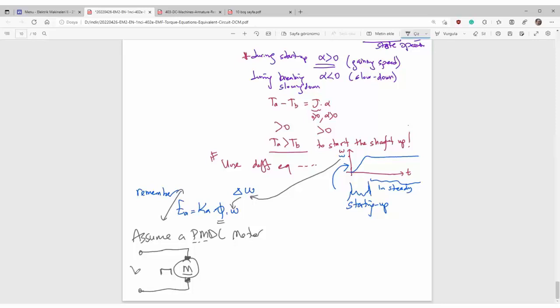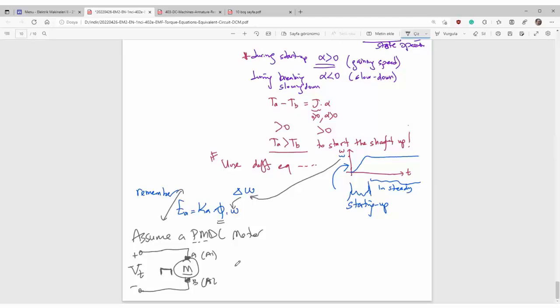And here is the applied terminal voltage, let's say terminal voltage DC, plus and minus. Here you see A and B in old literature, or in the new one, A1, A2. In case there is nothing here, again in old literature, you understand that it is a permanent magnet motor.